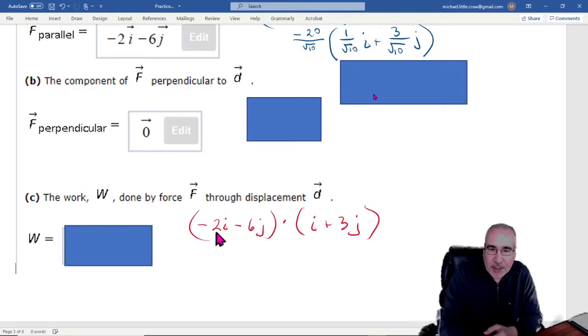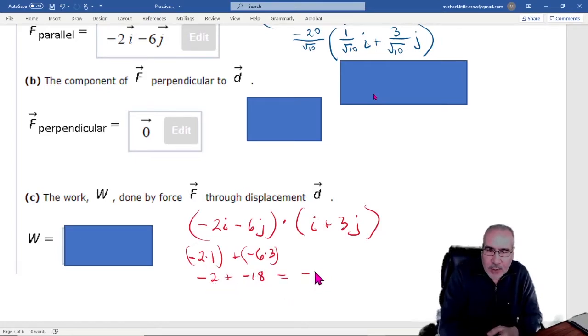So when we do a dot product, we get negative 2 times 1 plus negative 6 times 3, and that gives us negative 2 plus negative 18, and so that's negative 20, and that should be the amount of work.